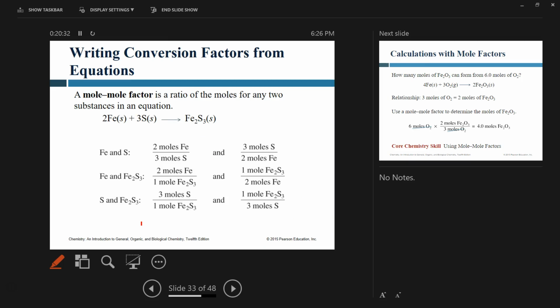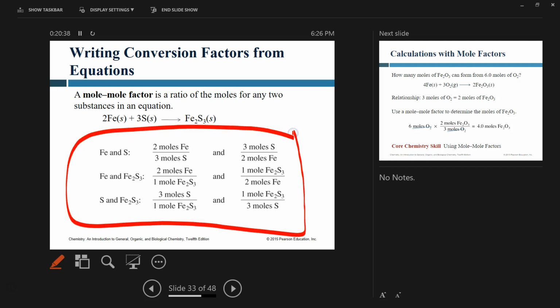So now these are the conversion factors that you write from that reaction. Basically, what these conversion factors tell you, and I'm going to go slow over it, so if you have any confusion about that, please let me know.